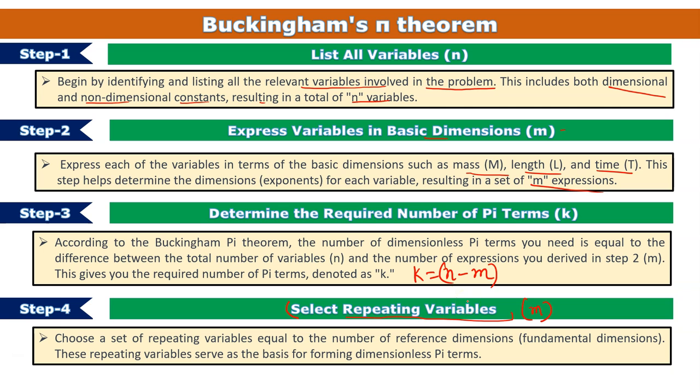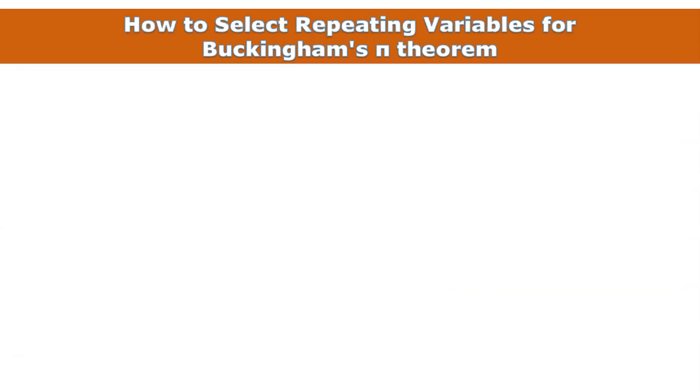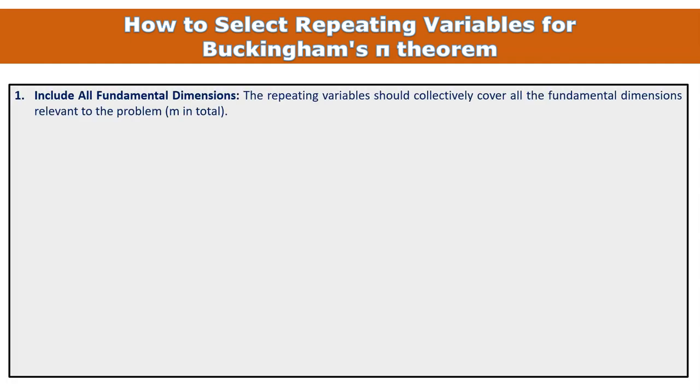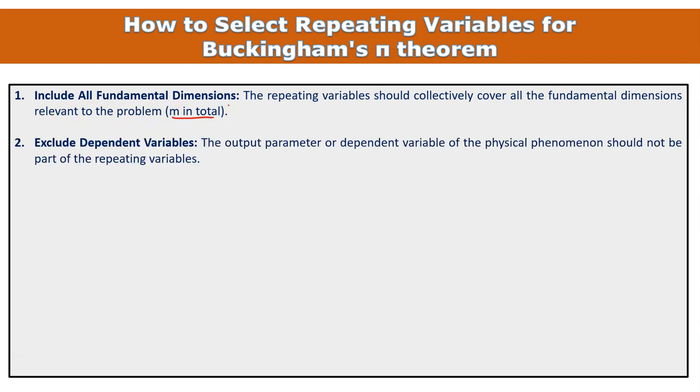Now how do you select repeating variables for Buckingham pi theorem? Number 1, include all fundamental dimensions. The repeating variables should collectively cover all the fundamental dimensions relevant to the problem, so m in total. Number 2, exclude the dependent variable. The output parameter or dependent variable of the physical phenomenon should not be part of the repeating variables.